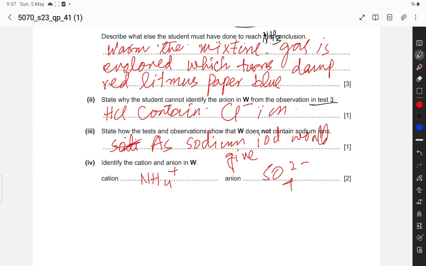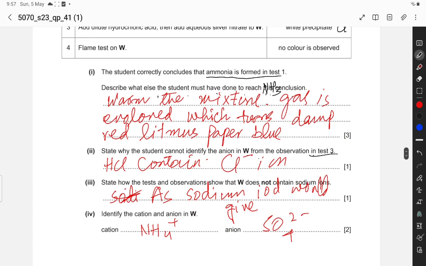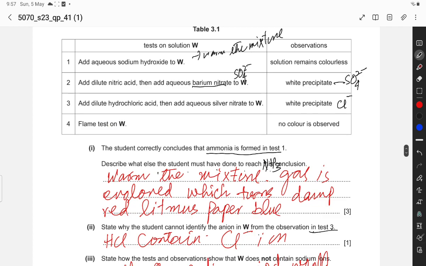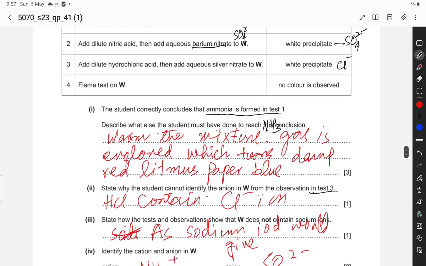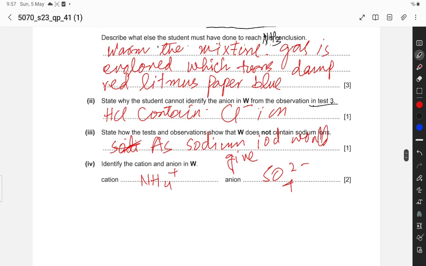HCl contains chloride ion, so that's why we cannot, because sulfate ions are already confirmed. State how the tests and observations show that W does not contain sodium ion.